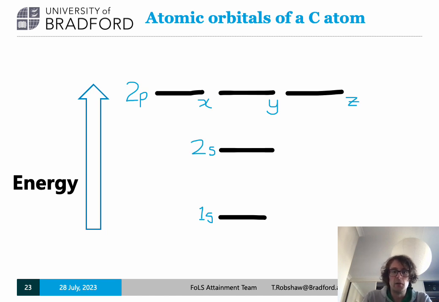So the first 2 go into the 1s subshell. We draw the electrons like this, with 1 half arrow pointing up and 1 pointing down. We don't need to go into the reasons for doing that at the moment. So that's 2 electrons accounted for. And then the second 2 go into the 2s subshell, because that's the next lowest energy level.